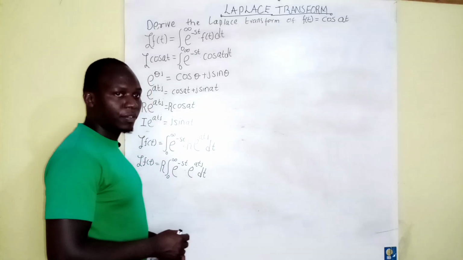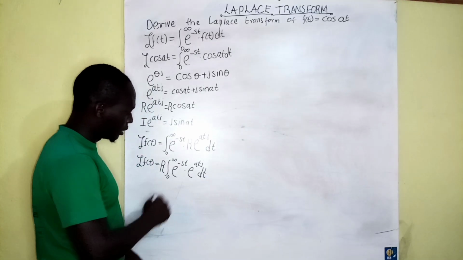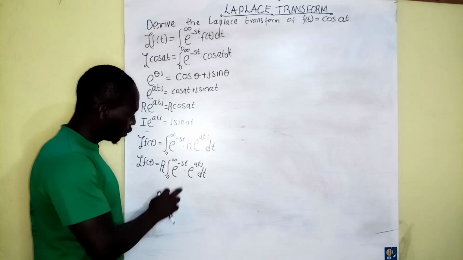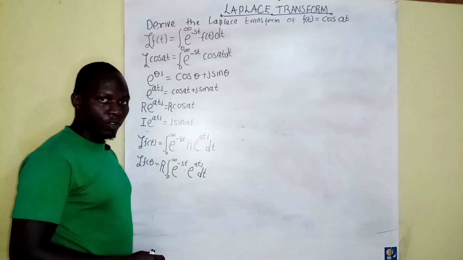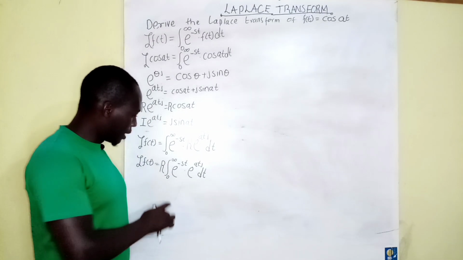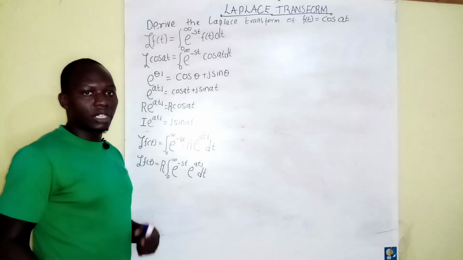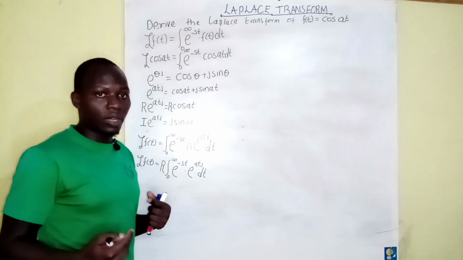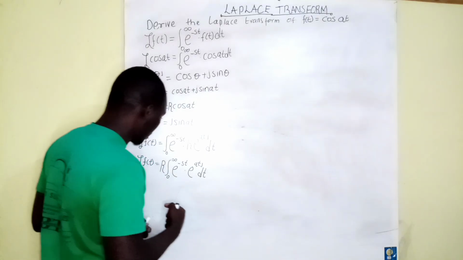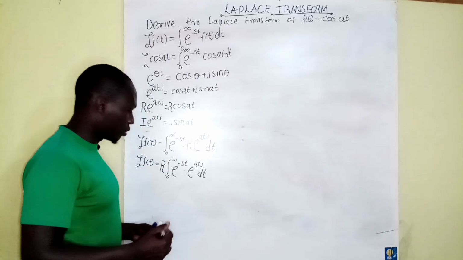Let us now simplify whatever we are having at this point. By simplification of our exponential, when we introduce the laws of indices, we understand that when the bases are equal, we take one of the bases, and since it is a multiplication, we add the powers together. And by doing that, this is what we are going to have.